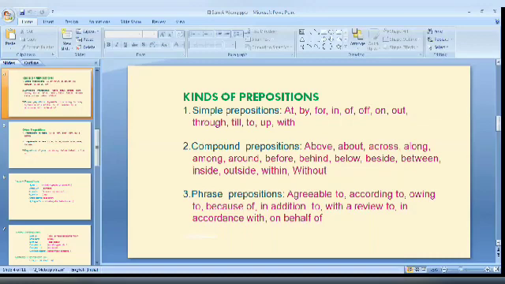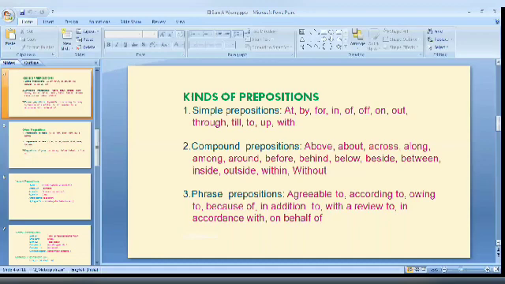So if something is according to someone's opinion, generally then we use the preposition according to. According to Mahatma Gandhi, non-violence is the greatest weapon to fight injustice. So here, according to, we have a combination of two words, according and to. In the same way, owing to.